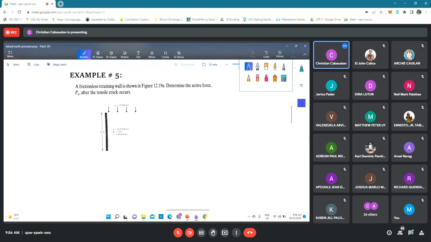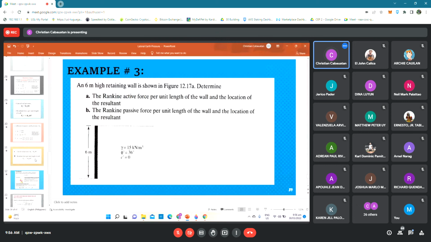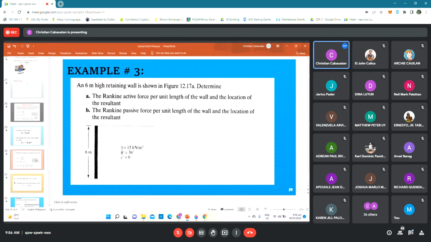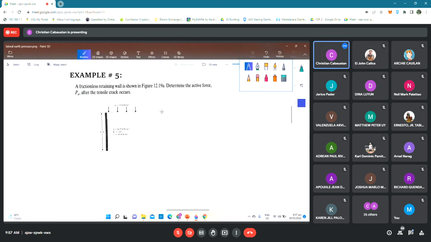Okay, since there is additional surcharge and there is a cohesion, I will show you again. Here is the common effect of additional surcharge and the cohesion, no? So yung konti andun sa negative, since it is active, andun sa left part, no? So ganyan yung kanyang figure. Okay? So let's put here.